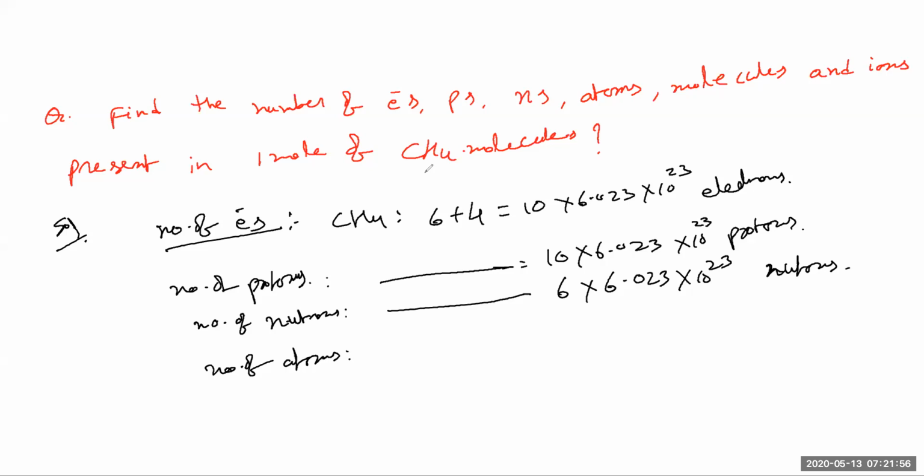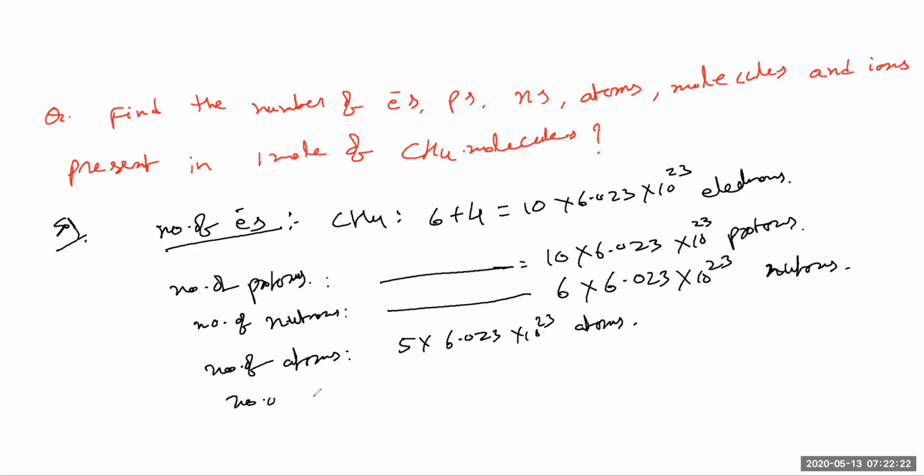Methane molecule contains 5, so 5 into Avogadro number of atoms. Next, number of molecules.